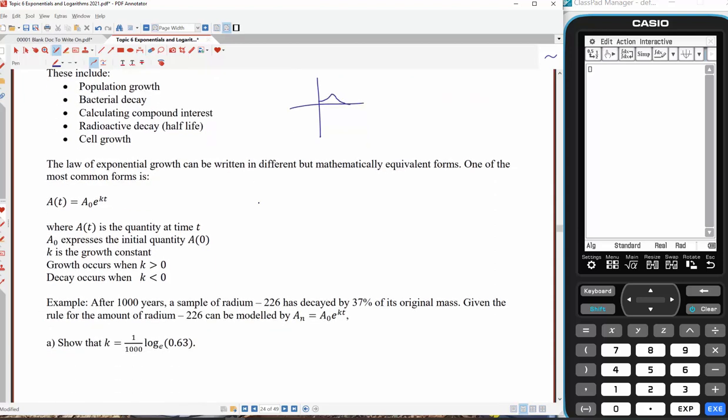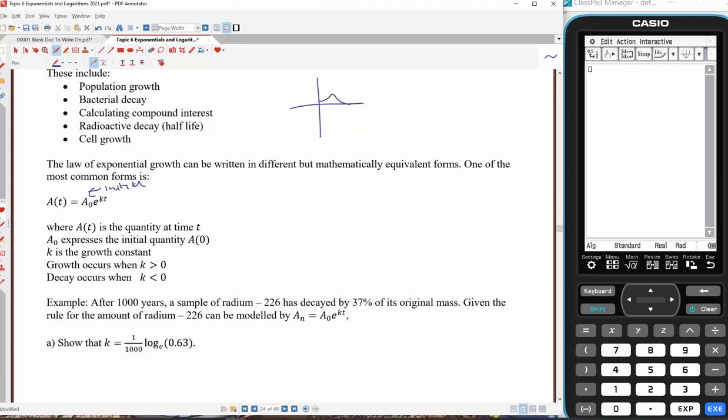So the basic law of exponential growth can be written in different but mathematically equivalent forms. One of the common forms that we see is A(t) = A0 e^(kt). A0 is the initial amount, and A(t) is the amount we have after a certain amount of time.